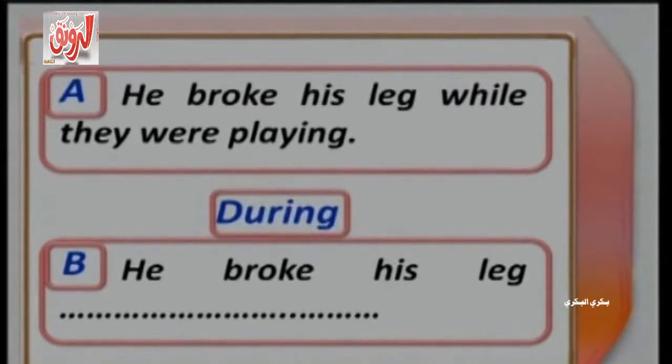We want you to use during in this sentence in order to give the same meaning. He broke his leg during playing. You see, during comes before a noun. We have added ing to play to become a noun, and during is just put before it.